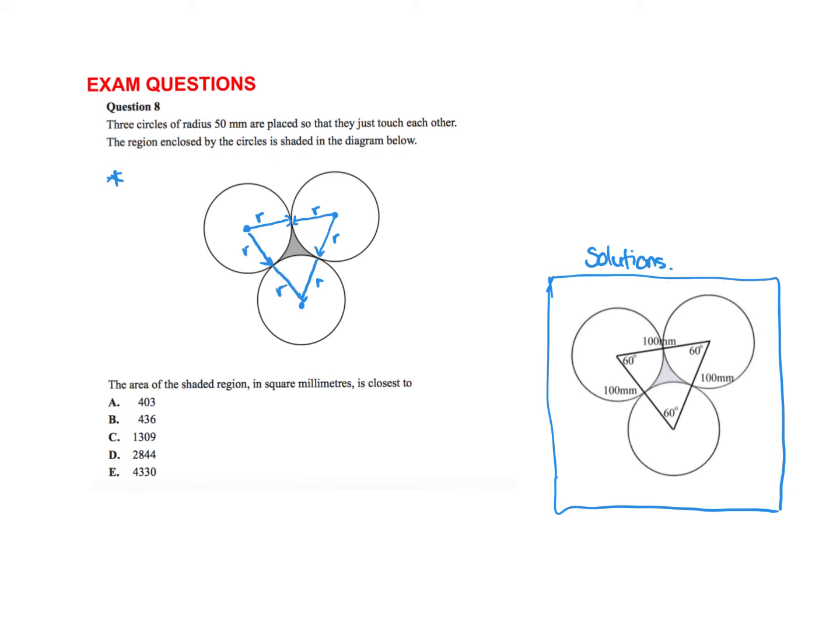So in the end, you can have a triangle, and because the radius is 50, 2 of them makes 100. So we've got a triangle that's all exactly the same side length. If they're all exactly the same, that makes it an equilateral triangle, and an equilateral triangle means that the angles are all the same as well. So you now know that in there is 60.